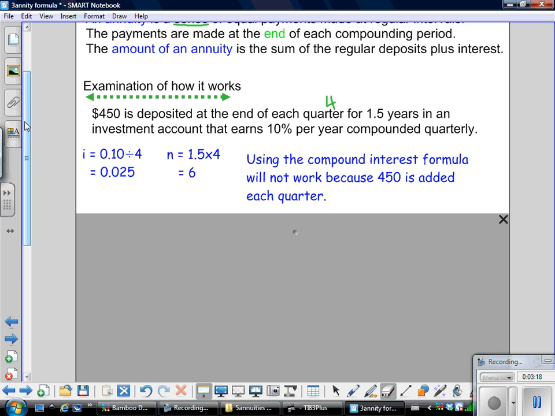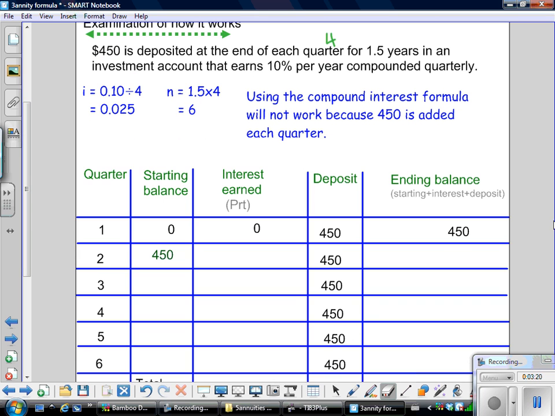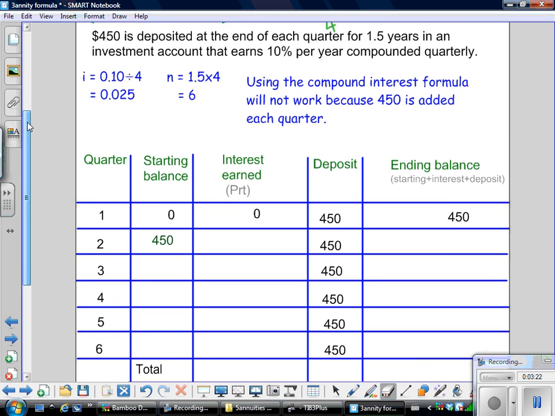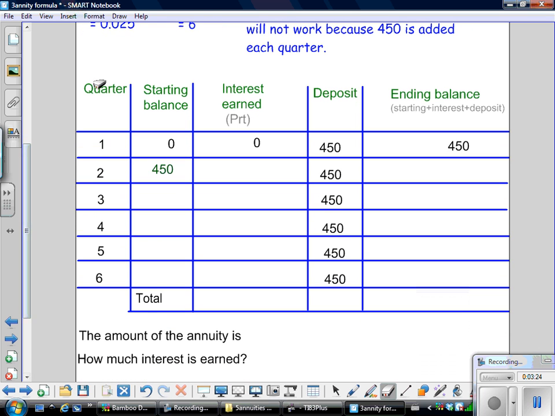As you can see, you have a table in front of you. In this table we have our quarter, our starting balance, the interest earned, and then the $450 deposit.